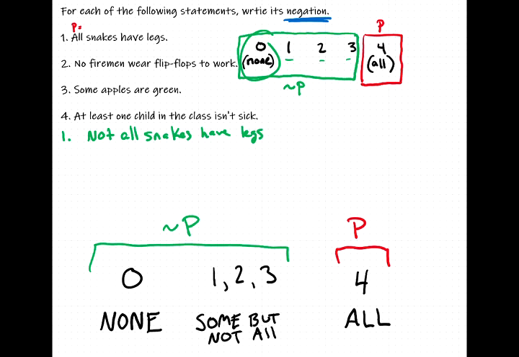And also, we could say at least one snake doesn't have legs. And both of those are equivalent, both mathematically and conversationally.